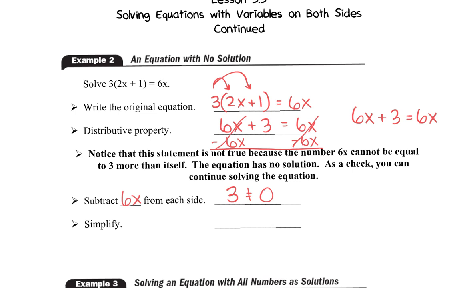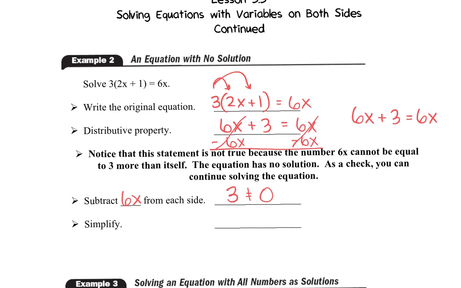So do you understand that there's nothing that I can plug in here that's going to give me a true statement? Because the left side of the equation is always going to be 3 more than the right side, because on both sides you're multiplying by 6, but then on one side you're adding 3, and you're not doing that to the other side, and so that left side will always be 3 more no matter what you plug in for x.